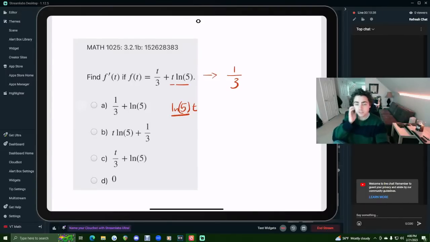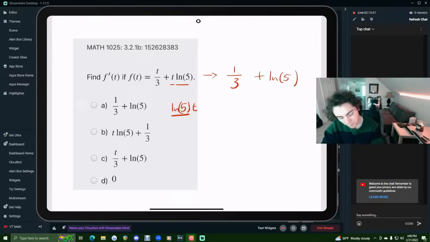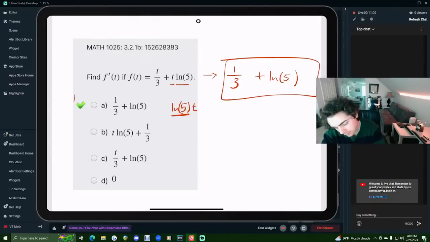And a moment ago, we said the derivative of a constant times t is just that constant. So really, these are pretty much the same derivative rule, where we have a constant times t, and the derivative will just be each of those constants. So that is 1/3 plus ln of 5.